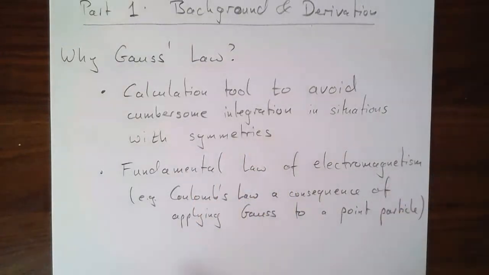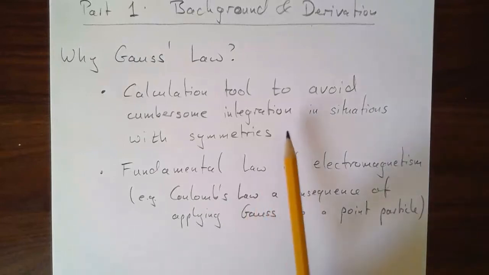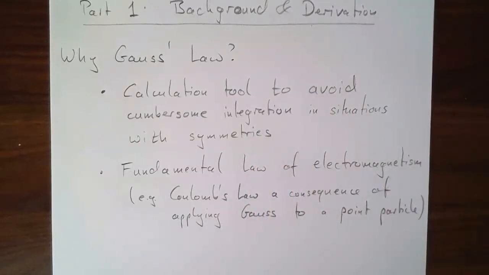So the integration, for example, that was involved in finding the electric field due to an infinite sheet, or the electric field due to a long rod, or something like that. Those kinds of calculations where we had an integration, well, we can do them faster and easier once we've got Gauss's law. So it's a calculation tool.